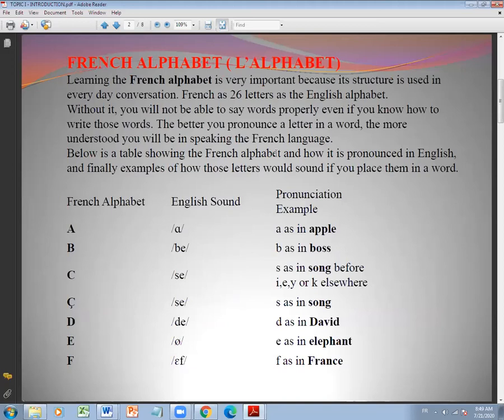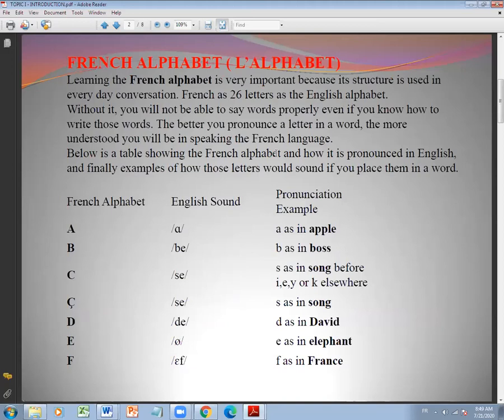Learning the French alphabet is very important because its structure is used in everyday conversation. French has 26 letters, as the English alphabet. Without it, you will not be able to say words properly, even if you know how to write those words.